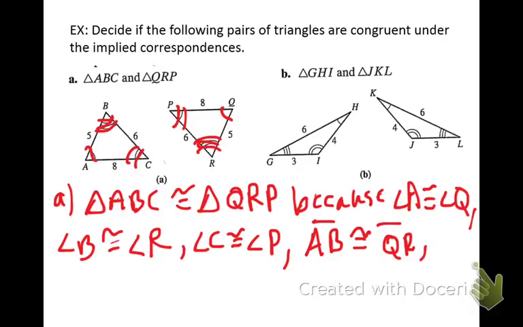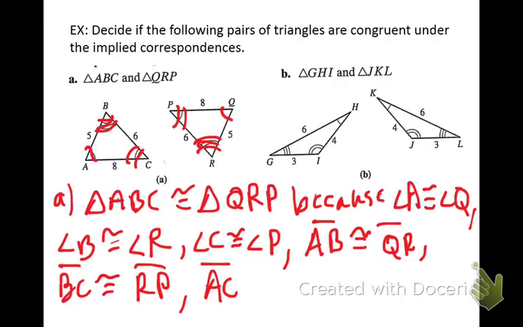And BC should be congruent to RP, and it is. It's 6 and 6. So BC is congruent to RP, and the last one, AC, is the last side. It should be congruent to QP, and they are, AC is 8 and QP is 8. So AC is congruent to QP.